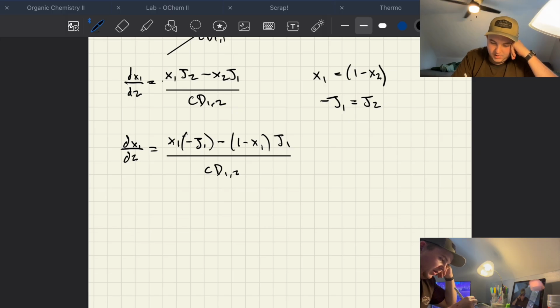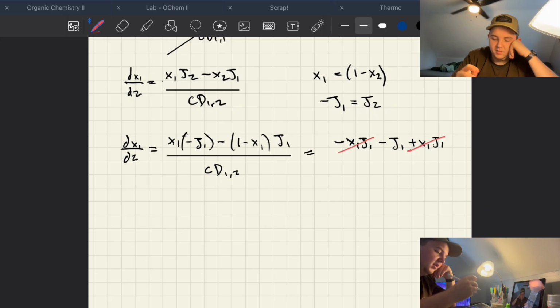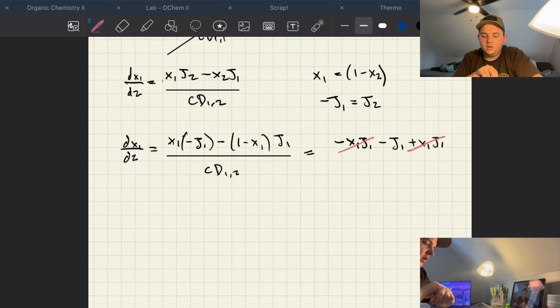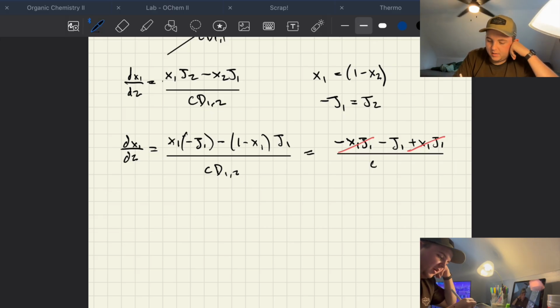And then we multiply terms in, so we'll get negative x1 j1 minus j1 plus x1 j1, which these two will cancel out, so you'll just be left with j1 in our numerator, and in our denominator nothing changes.